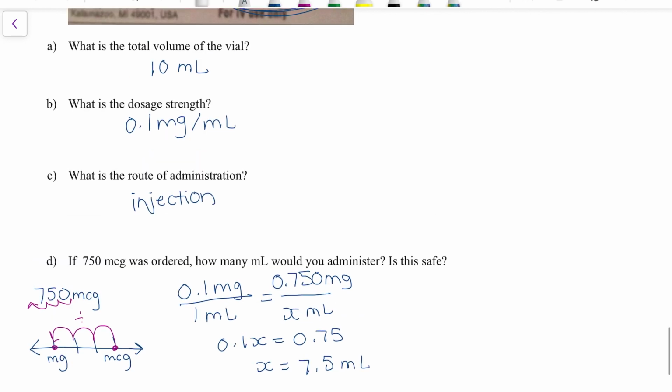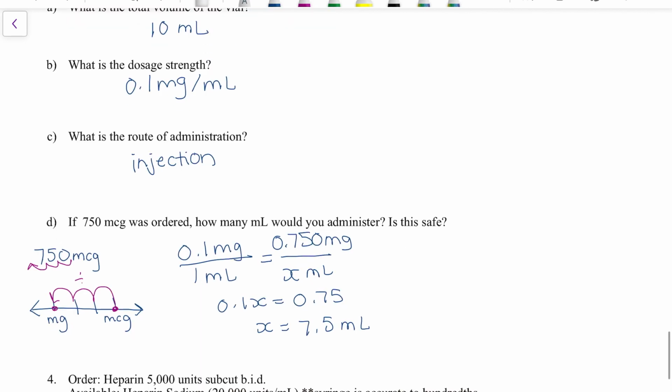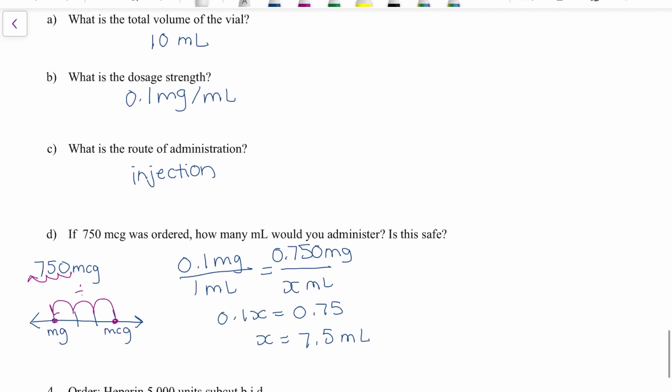So the next step there is, is it safe? We don't have quite enough information here to determine if it's safe. It would depend on the syringe that's being used. But let's say that we're using a syringe that's accurate to tenths, then it would be safe because 7.5 milliliters gives us exactly the medication that we need.